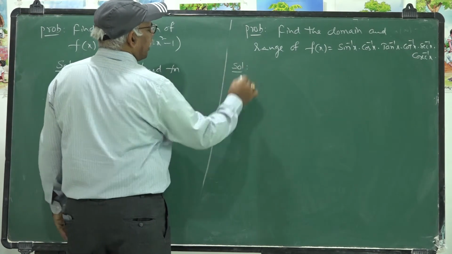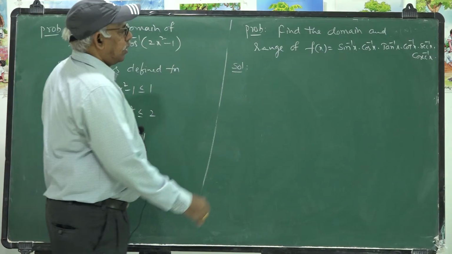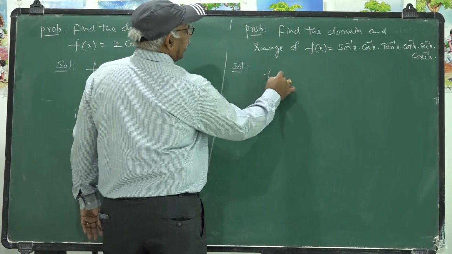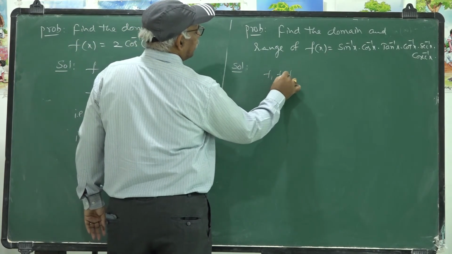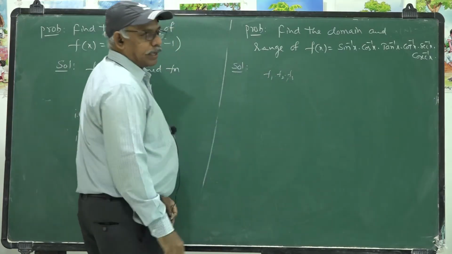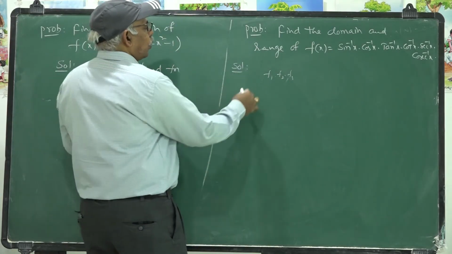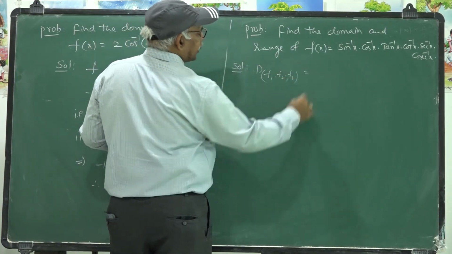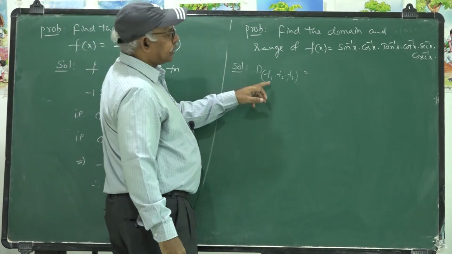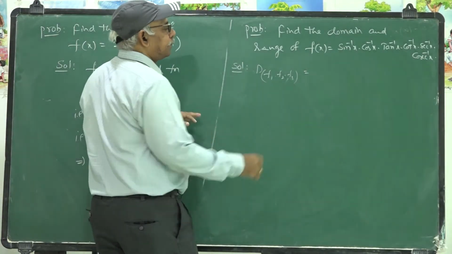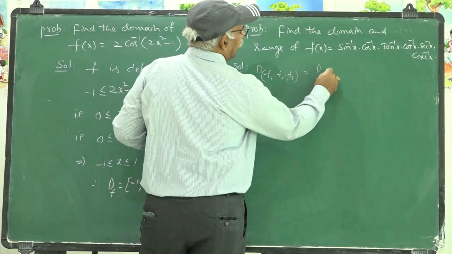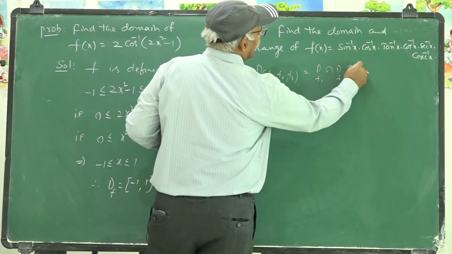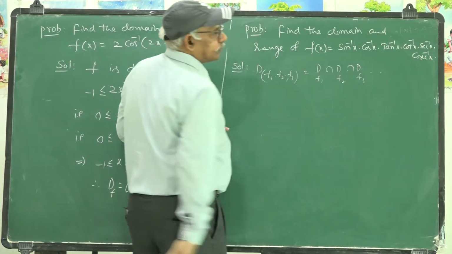Now to get the domain, f1, f2, f3 and so on, the given real functions, domain of the product of the functions f1, f2, f3 and so on is domain of f1 intersection domain of f2 intersection domain of f3 and so on.